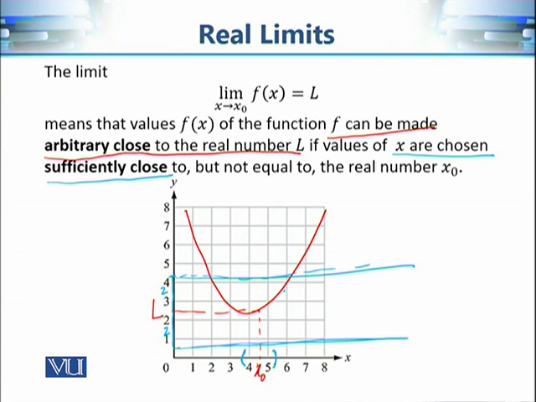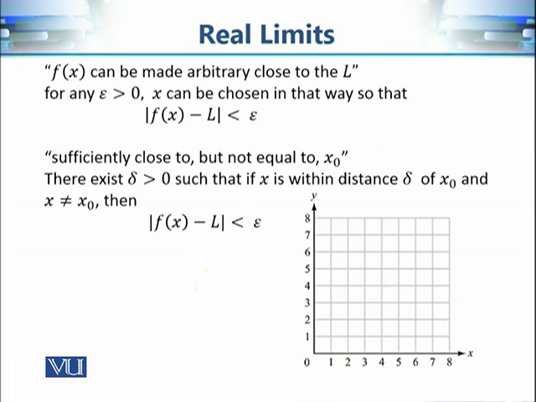And if we can do that for each and every chosen distance along the y-axis, then we say that the limit is equal to L. So let me say it again: if for every chosen distance along the y-axis, we can find a neighborhood of x naught such that the functional values in this neighborhood lie between these two lines, then we say that the limit of the function is equal to L.